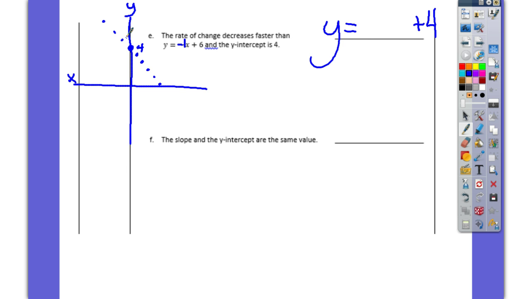What would make our line go straight up and down more so than that? A -3? Let's try a -3. If I start here, what would I have to do? Run to the right once and down 3, left 1, up 3. Does that decrease faster? Yeah, definitely.